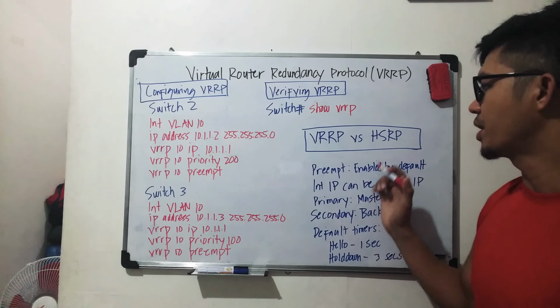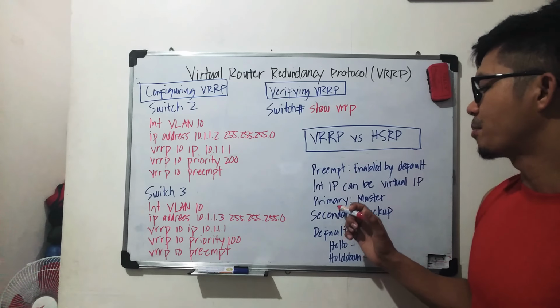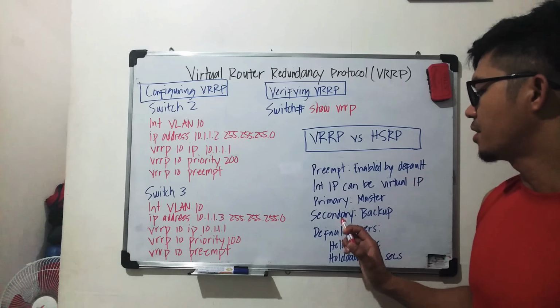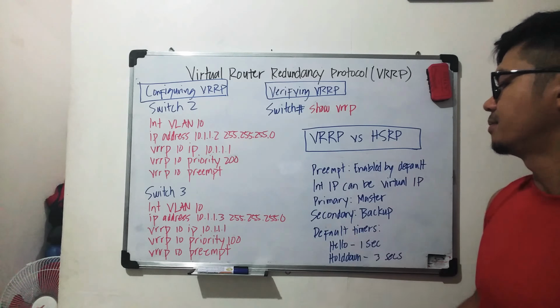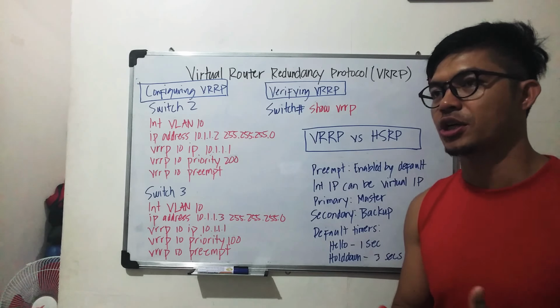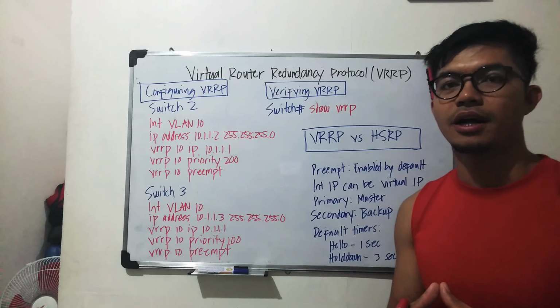You can't do that with HSRP. The primary router is called master router and the secondary is called backup. In HSRP, the primary router is called active router, and the secondary router is called standby router.